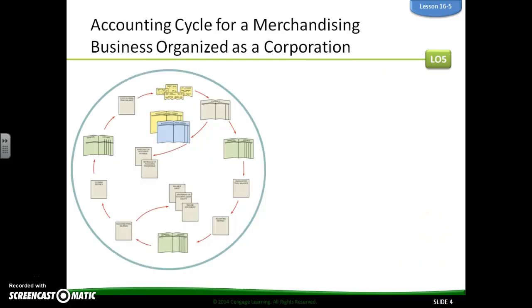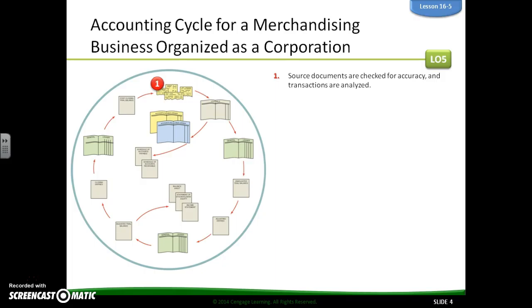Now, as we think about the accounting cycle for a merchandising business organized as a corporation, it's very similar to what we did for the sole proprietorship, except we might have additional accounts or financial statements because of differences in how the business operates. First, we check the source documents for accuracy and analyze the transactions into debit and credit parts.